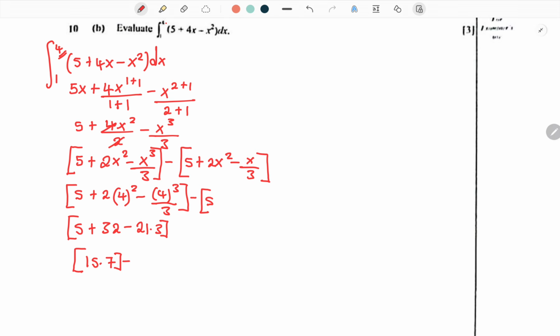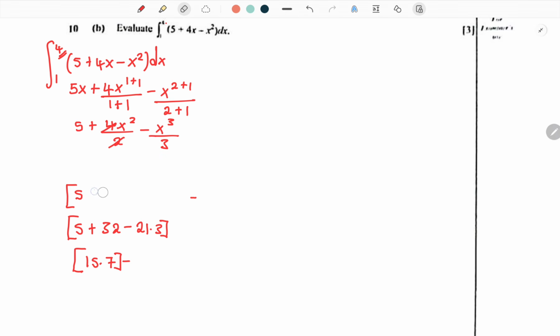Okay, let me see, what have we done? Okay, so there's a mistake somewhere. Let me just rub everything. Okay, so here's where I made a mistake. I was supposed to put x there. I'm sure you could have seen the mistake already. So this is what we're going to do.